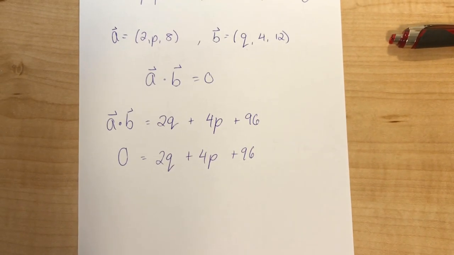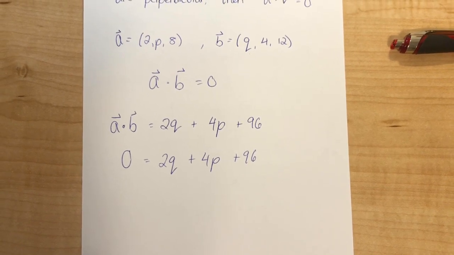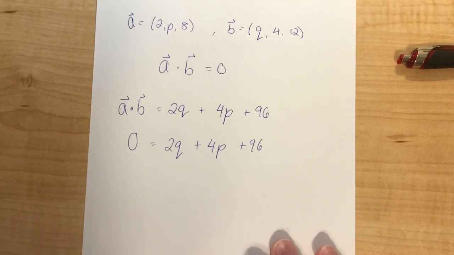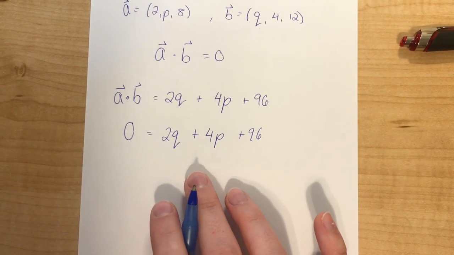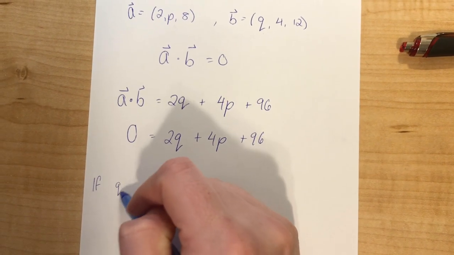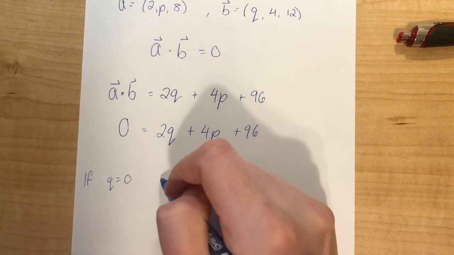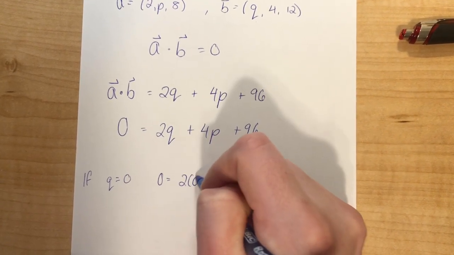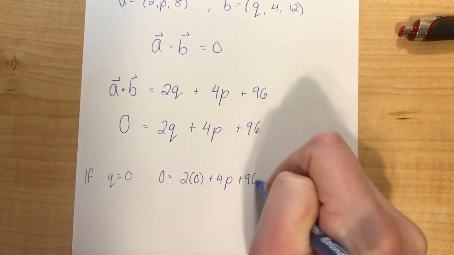And with this one equation with two unknowns, we don't actually have a way of solving this, right? There might be one answer that works, there might be lots of answers that work. So let's pick one. Something that's easy is probably 0. So let's say if q equals 0, then I get 0 equals 2 times 0, plus 4p plus 96.